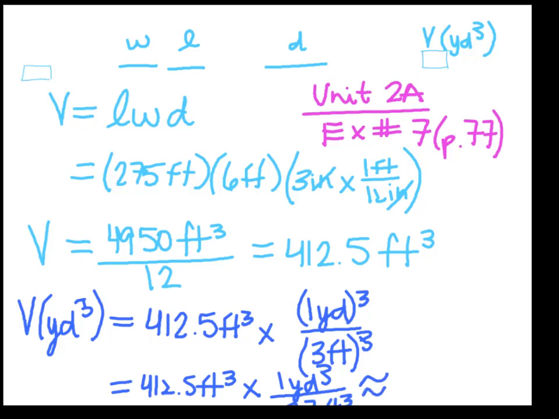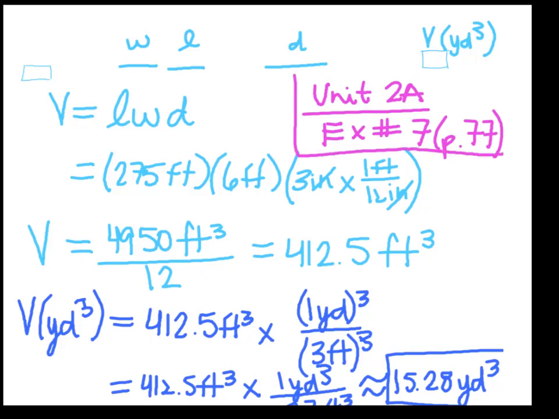And then from here, the volume in cubic yards is approximately 15.28. Okay? So that's how you would go about solving this kind of problem. And again, this is from Unit 2A. You can refer to example number 7 on page 77 of the textbook.